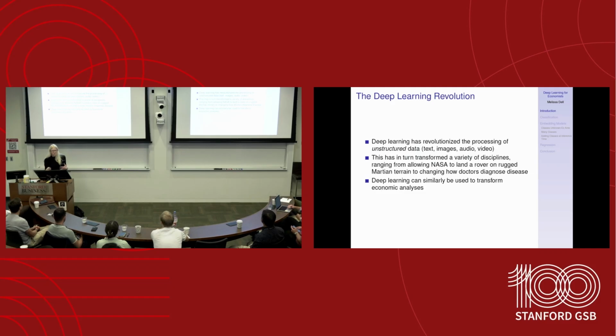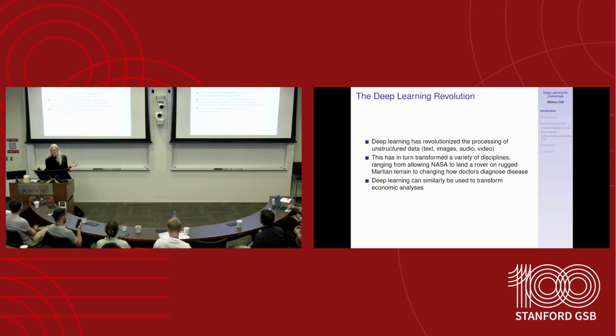Deep learning has revolutionized the processing of unstructured data. Unstructured data are data that are too high dimensional, too complex, too uninterpretable to plug directly into your analysis. And so what you want to do is to use deep learning to extract information that you can then understand and analyze directly. In economics, we might think about extracting sentiment or topics from text.